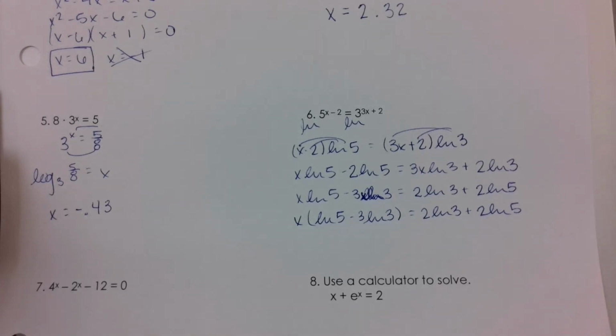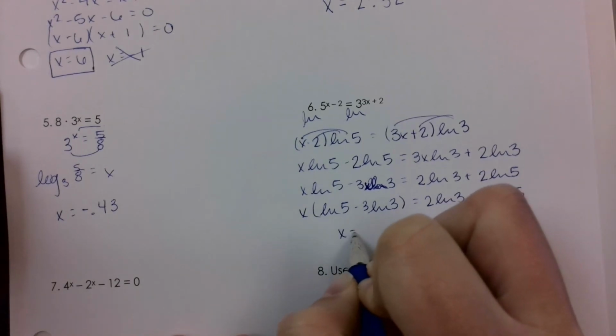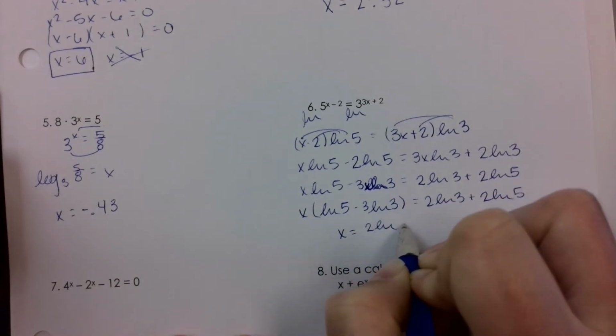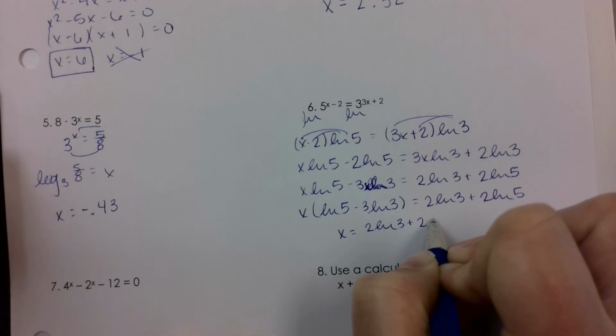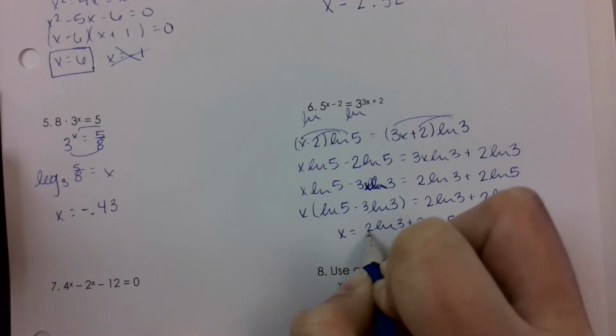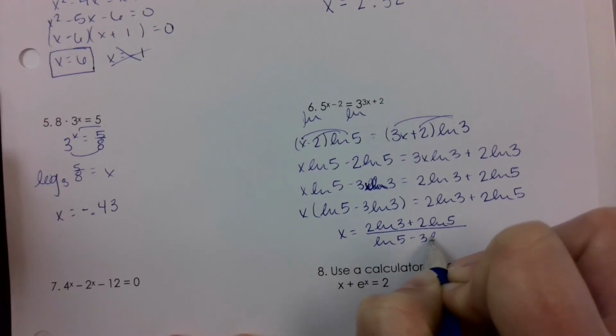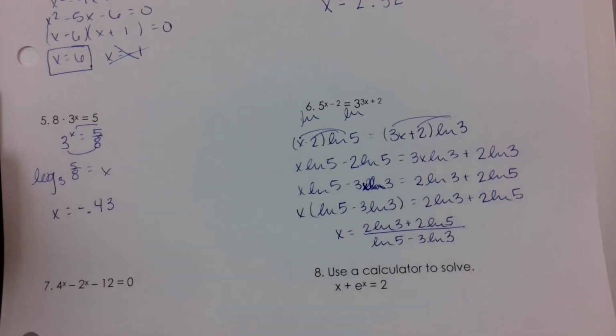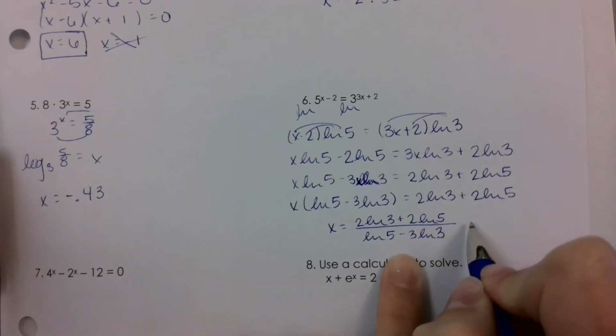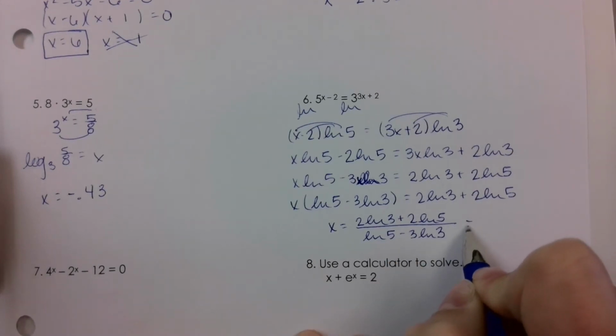Just divide by all that stuff you don't want. And you can type that straight into your calculator, and that'll give us our answer for x.